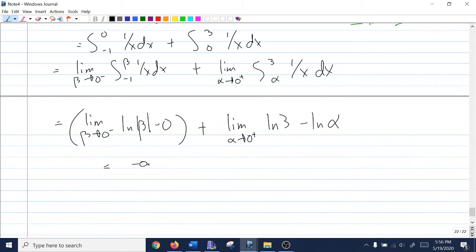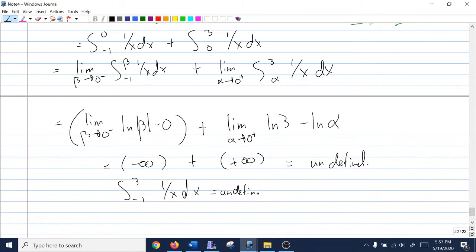This will be negative infinity. This will be positive infinity. Not only does the integral not exist, it doesn't exist in such a way that I can't even say it's infinity or it's negative infinity.